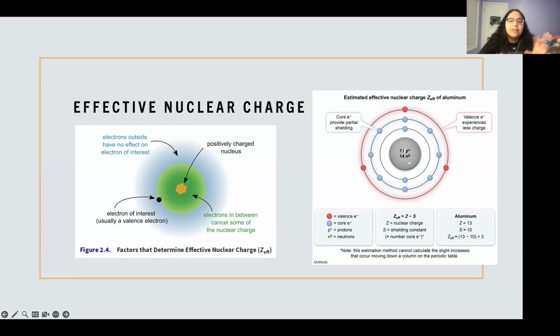That is an approximation, but it helps show the effective nuclear charge and other factors that determine it. On the left there, of course, is your positively charged nucleus, and that's why I use the number of protons, the electrons in between, and then the electrons of interest, which will usually be valence electrons. So when they say electrons outside, usually no effect, because you're usually talking about valence electrons that are the outermost.